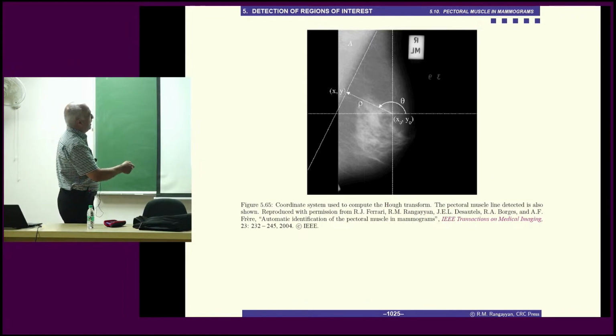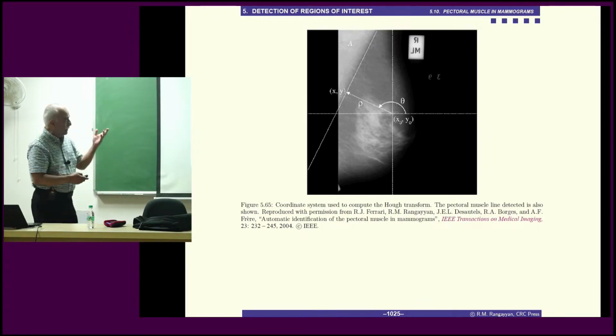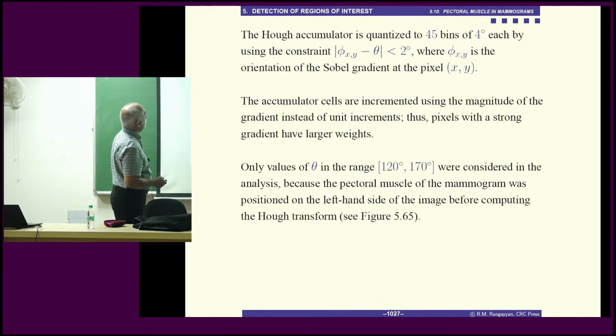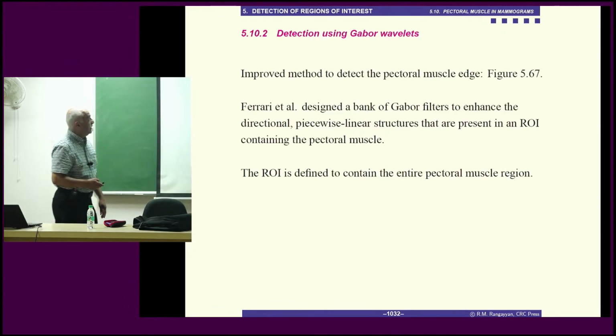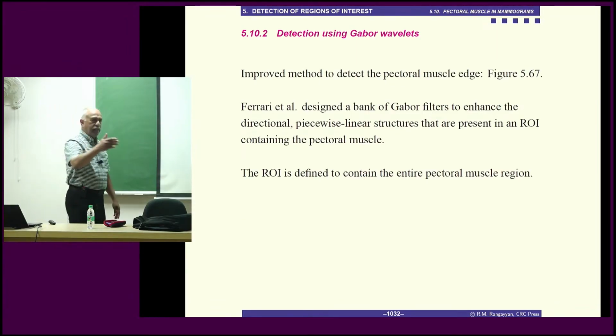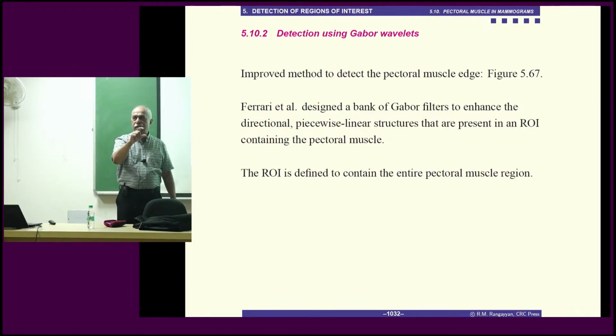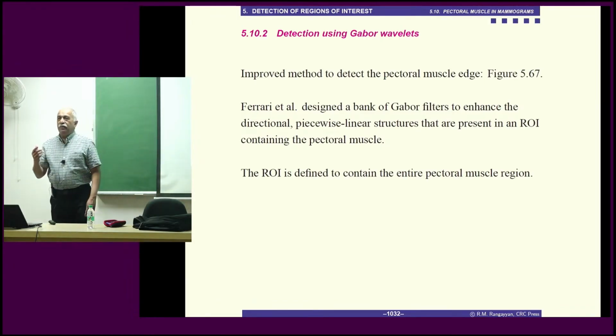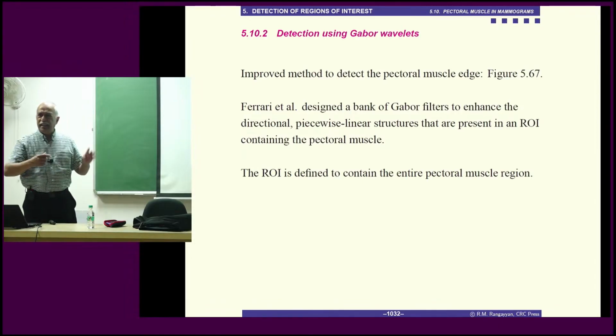You don't always get such straight line edges in the mammogram, but in this case it works well. In some cases the boundary is not a straight line, so it's a curved line. There could be multiple line segments of different orientation. So we applied Gabor wavelets for directional analysis. It's a little too much.